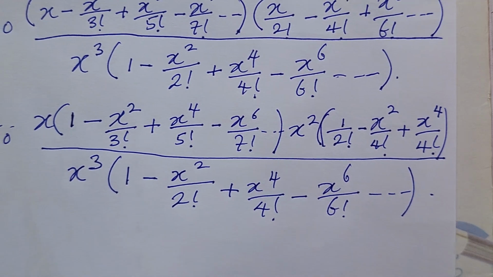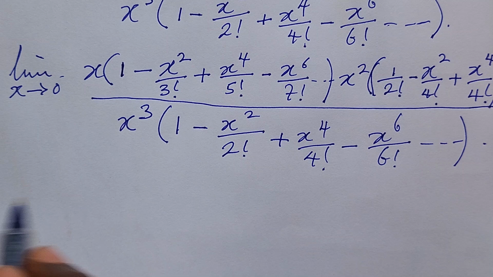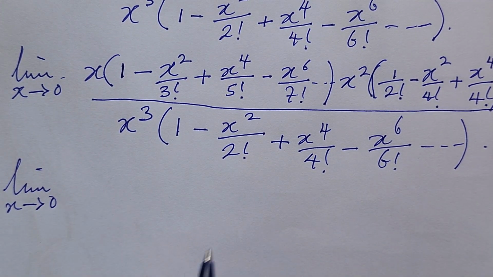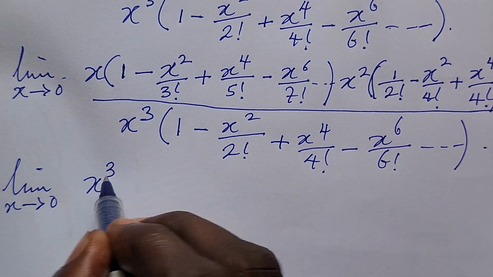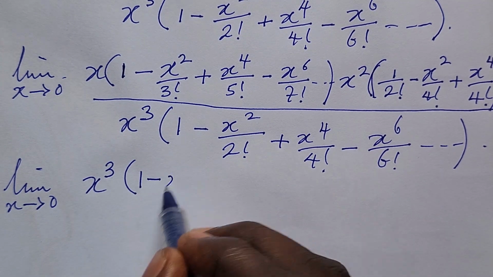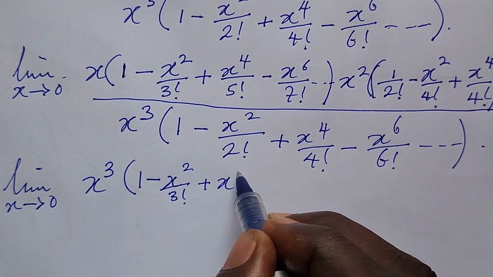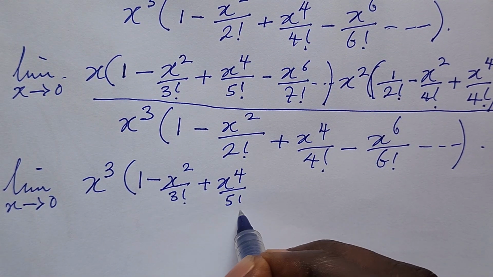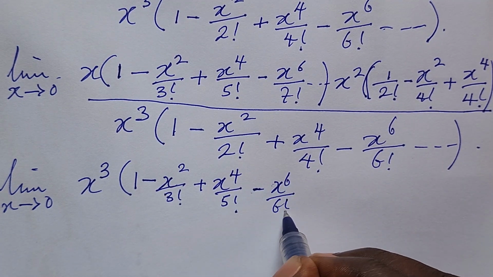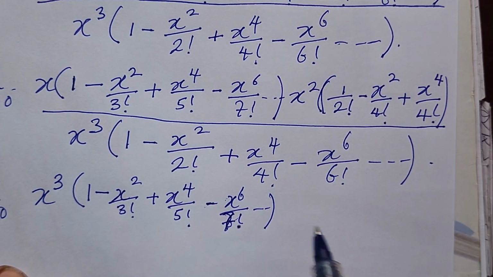Okay, so what do you discover from here now? We can use this times this. So we're going to have this to be our limit as x approaches 0. So we're going to have x to the power of 3, close bracket, then 1 minus x to the power of 2 all over 3 factorial plus x to the power of 4 all over 5 factorial, then minus x to the power of 6 all over 7 factorial, please, 7 factorial, then dash, close our bracket.